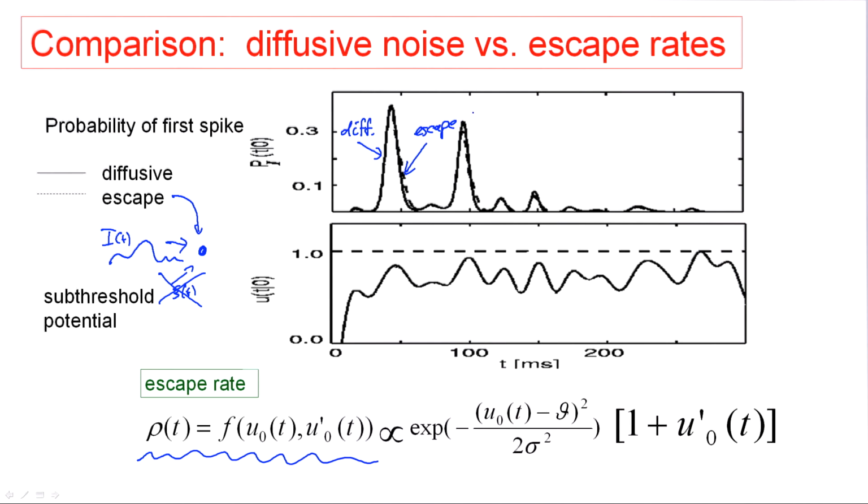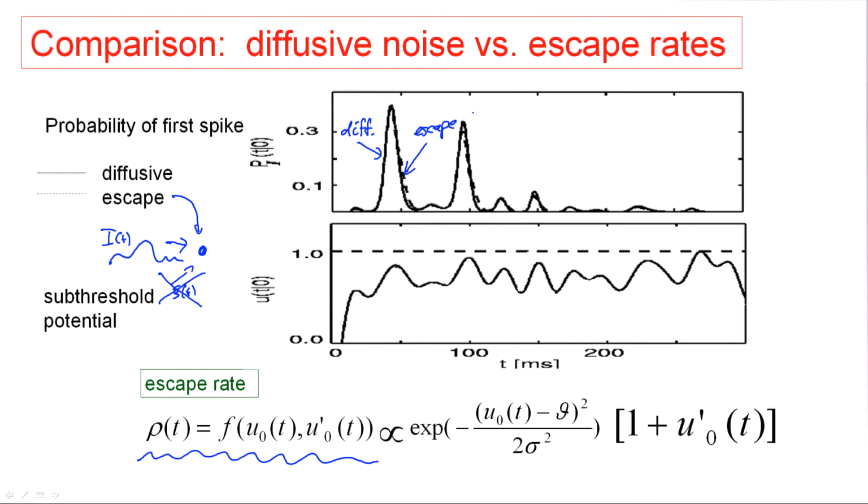And you see that the two interval distributions are nearly the same. Thus, the diffusive noise model, which is nice because it represents stochastic spike arrival, is well approximated by an escape noise model with the appropriate rate.